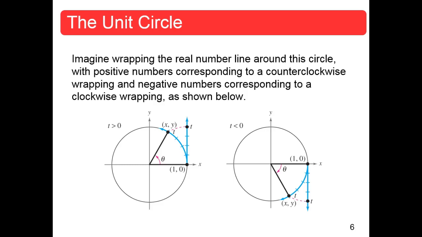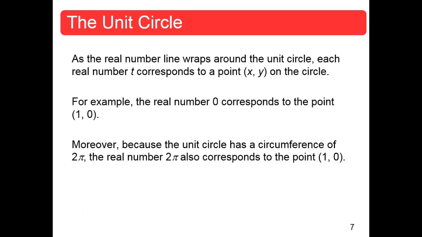And this is positive t's, negative t's. It's sort of like you take your y-axis and put an axis just like it over here, so up is positive and down is negative. And maybe this is why counterclockwise winds up being positive, because you're wrapping the positive number line around. I don't know why. All right. Kind of makes sense? Okay. Now, as the real number line wraps around the unit circle, each real number t corresponds to each value x, y on that circle.